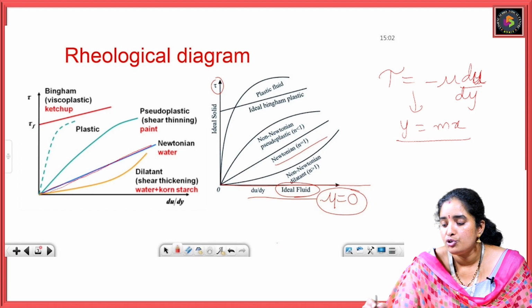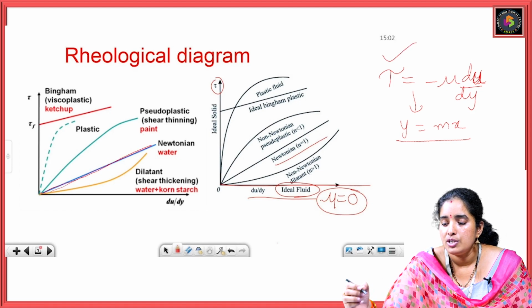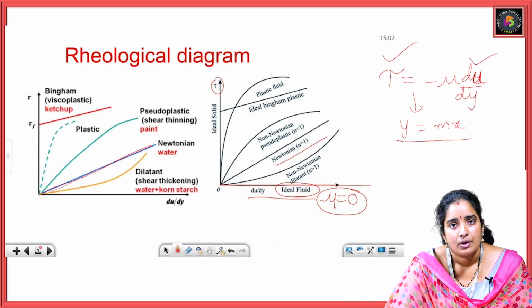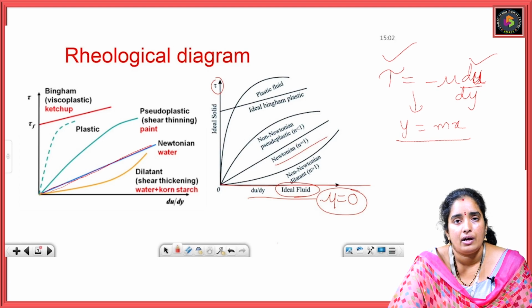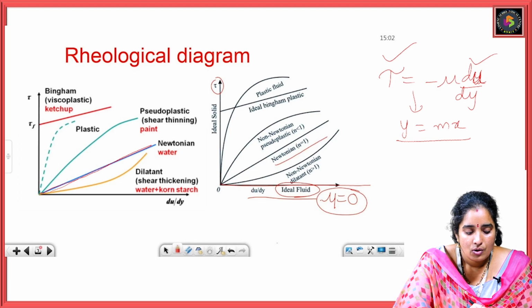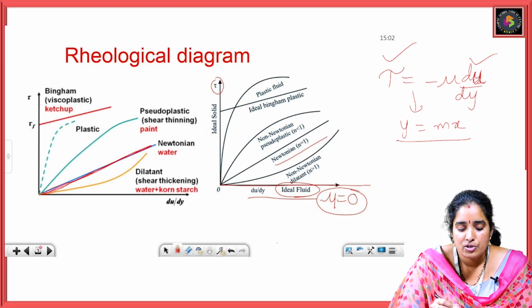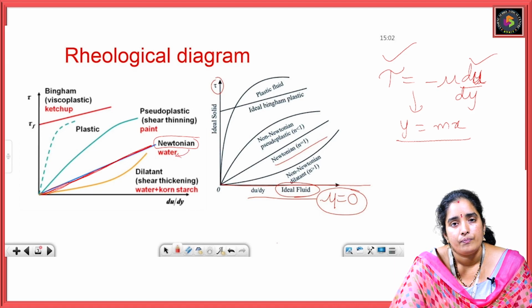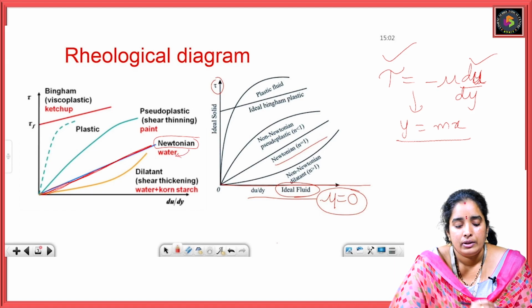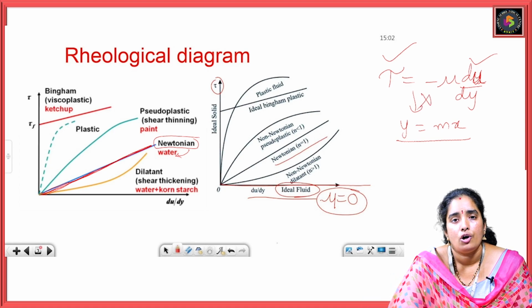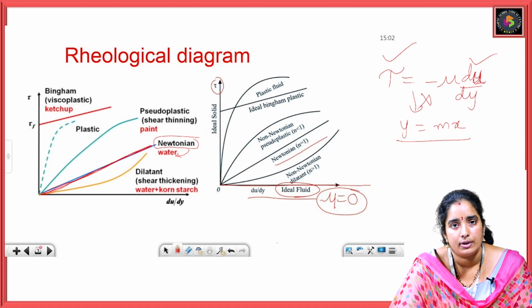If you draw a graph of shear stress versus velocity gradient, y versus x, it is y equal to mx, passing through the origin and directly proportional. Such fluids we call Newtonian fluids. Example: water. Those fluids which do not obey this are called non-Newtonian fluids.